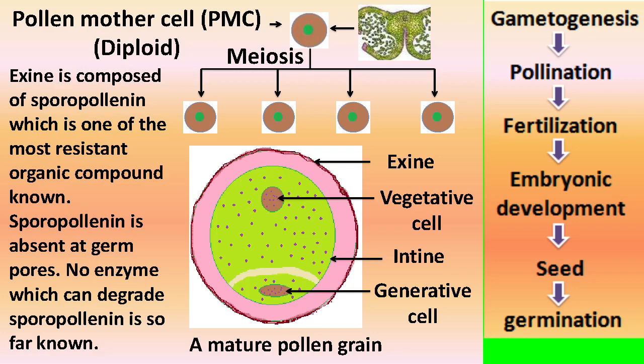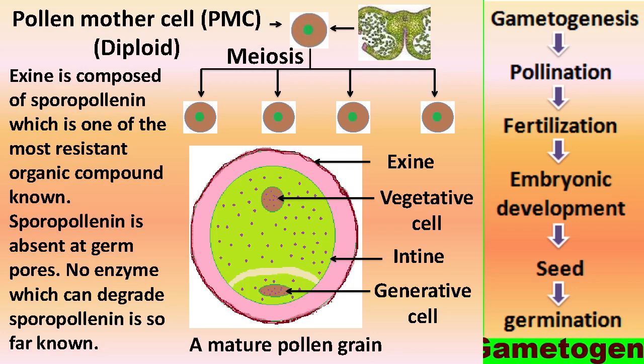Thereafter, intine is present. Intine is the inner layer, exine is the outer rigid layer, and there are two types of cells in this pollen grain. One is known as the vegetative cell, the second one is known as the generative cell. The generative cell is responsible for fertilization.